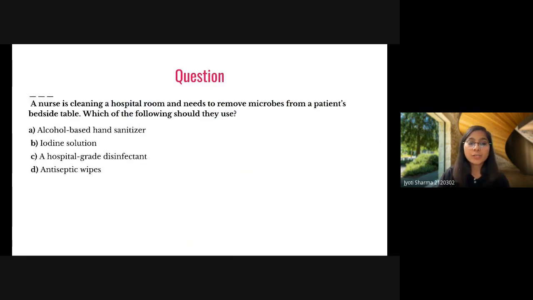Okay, the next question is, a nurse is cleaning a hospital room and needs to clean a microbe from a patient's bedside table. Which of the following should they use? And the options are alcohol based hand sanitizer, iodine solution, hospital grade disinfectant, and antiseptic wipes.